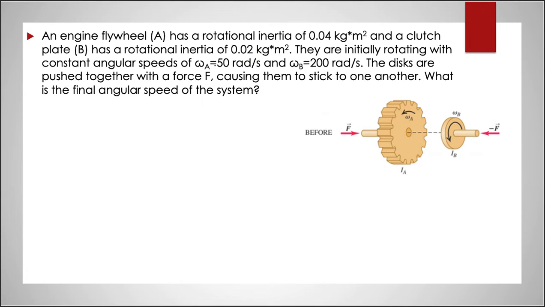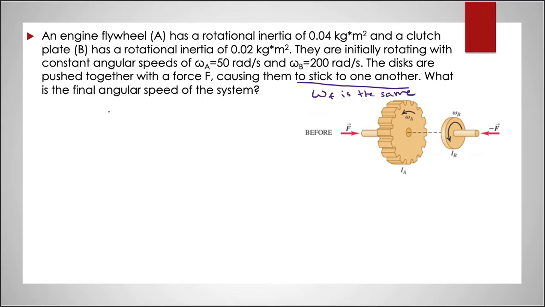They're both initially at different angular speeds, then they're pushed together, forcing them to stick to one another, which means omega final is the same. We want to know what the final angular speed of the system is.